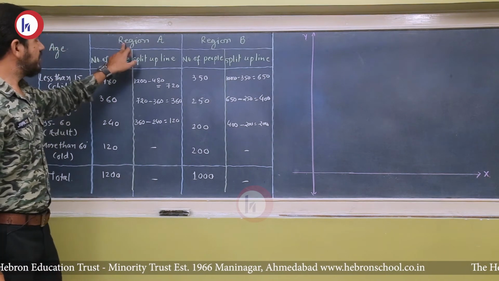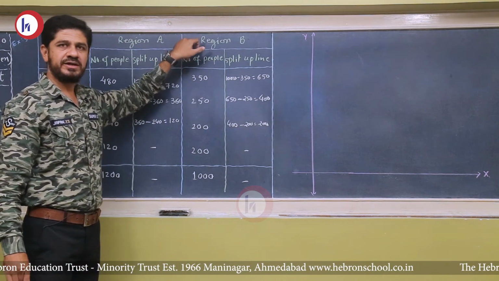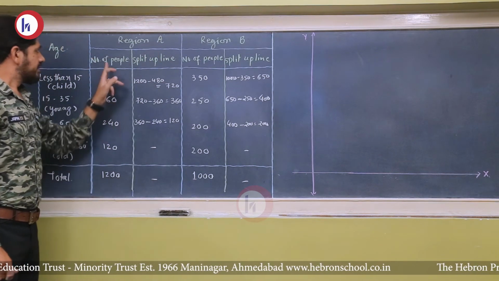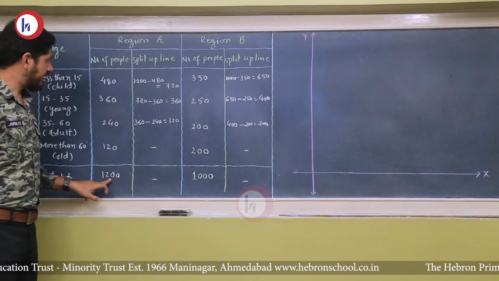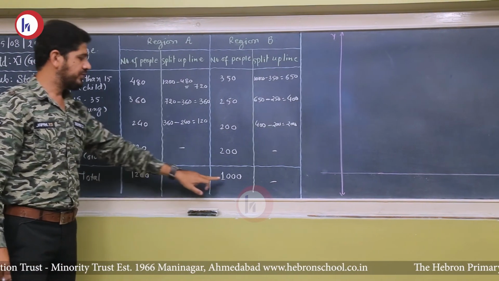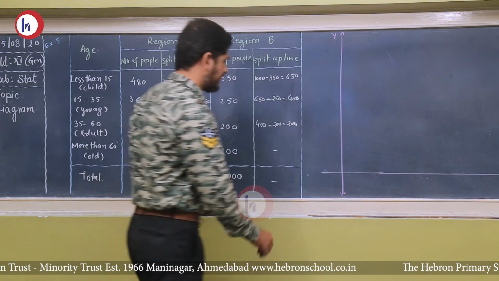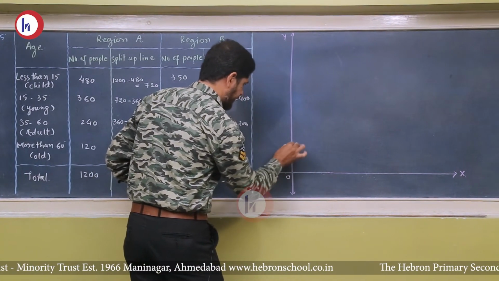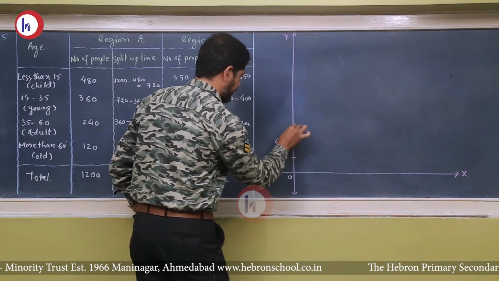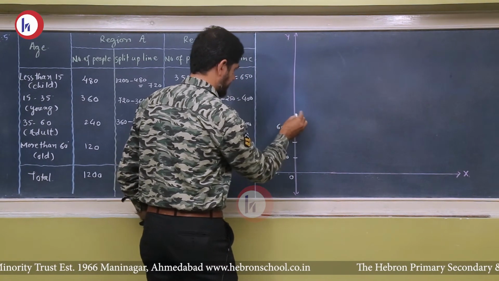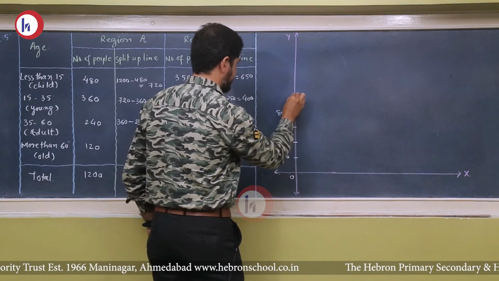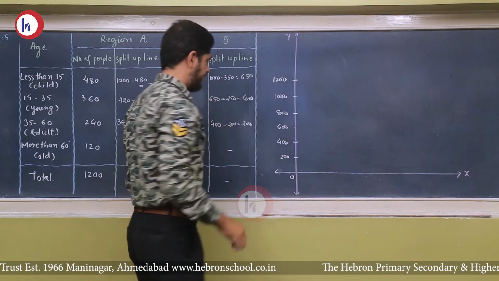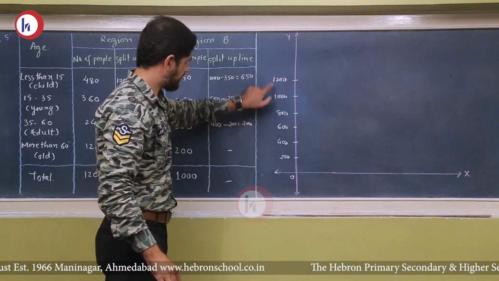Now friends, we have only two regions, region A and region B. The highest number is the total of the people, so 1200 in region A and 1000 in region B. From the origin, we take the distance of 200, 400, 600, 800, 1000 and 1200. Okay.